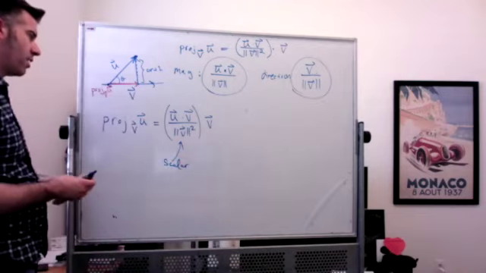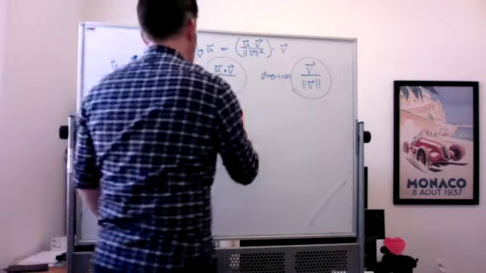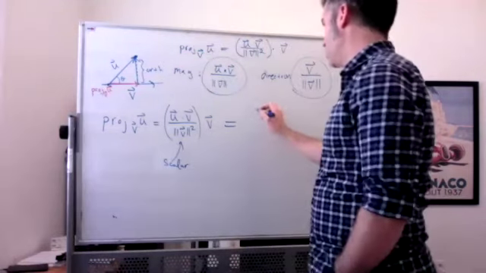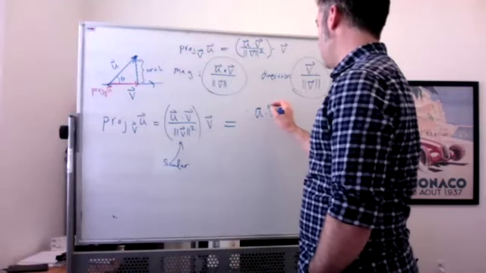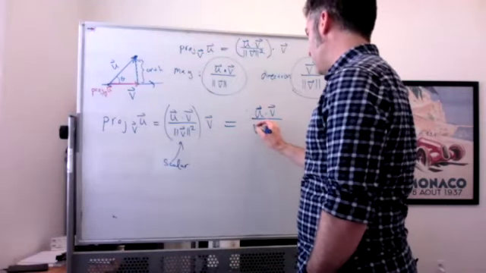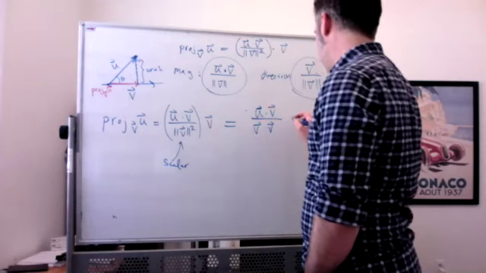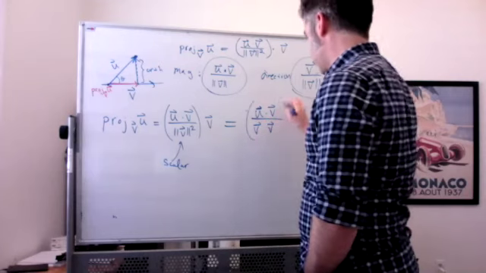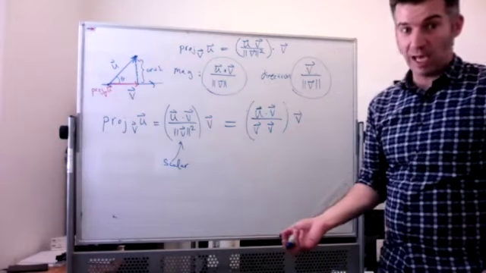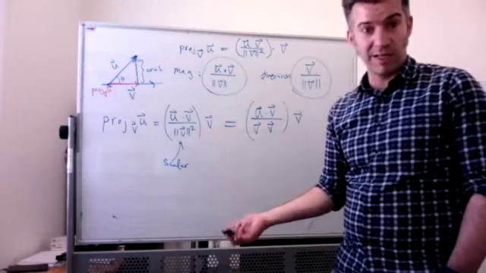But some people also like to write it as u dot v divided by v dot v, times v. Because it is actually true that the magnitude of v squared is equal to v dot v.